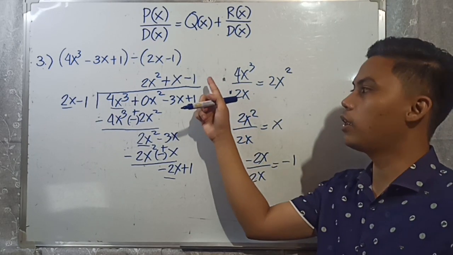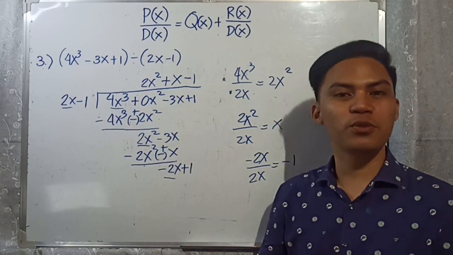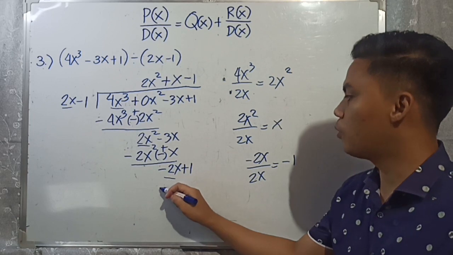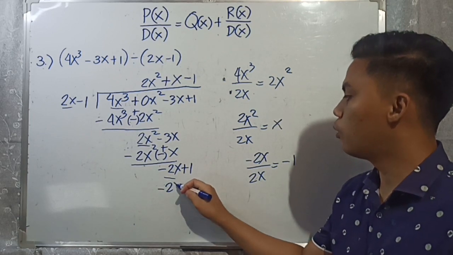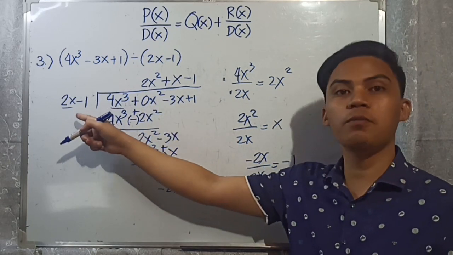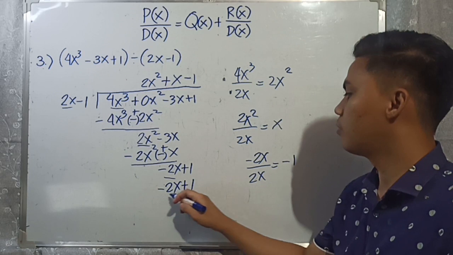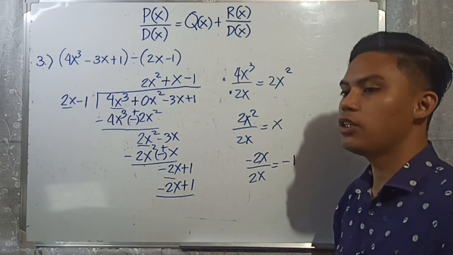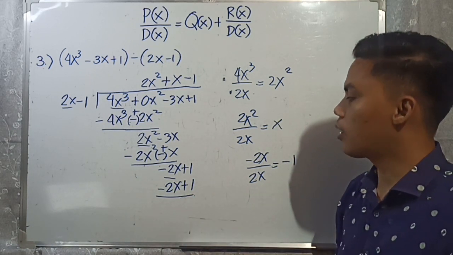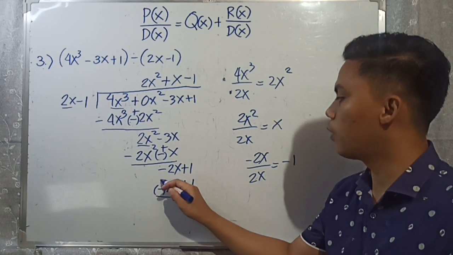Then, multiply negative 1 by our divisor. So, negative 1 times 2x, that is equal to negative 2x. And negative 1 times negative 1, that is equal to positive 1. Okay, change natin yung sign ng ating subtrahend. So, yung negative 2x magiging positive 2x.